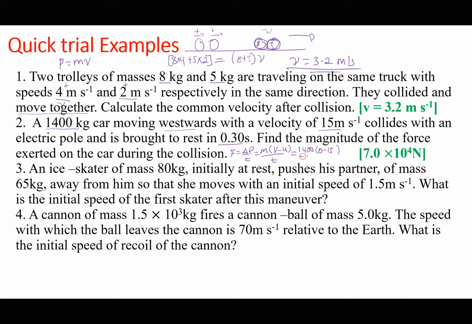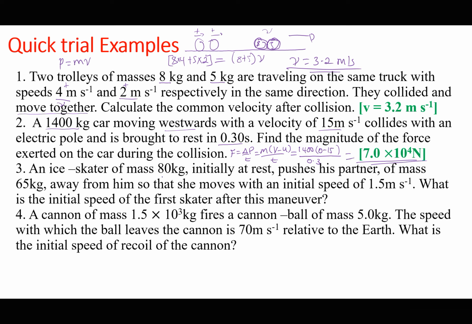This is divided by time, which is 0.3. So 1400 times 15 divided by 0.3 is, of course, 70,000. So this answer is automatically correct.